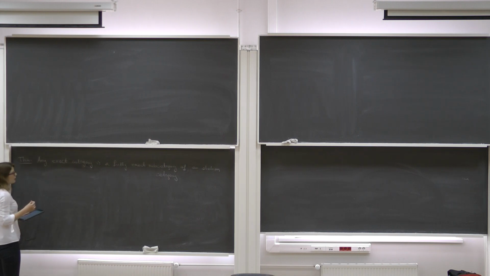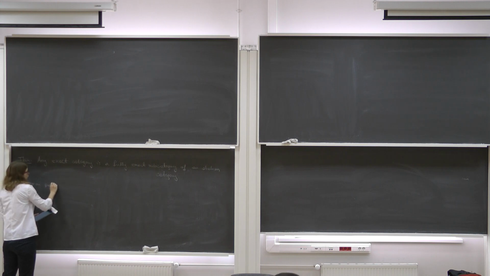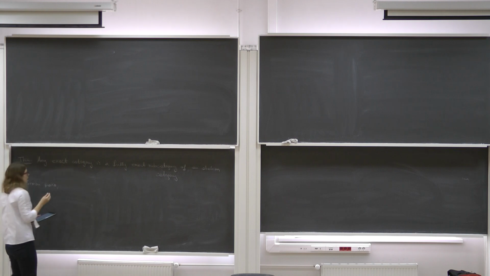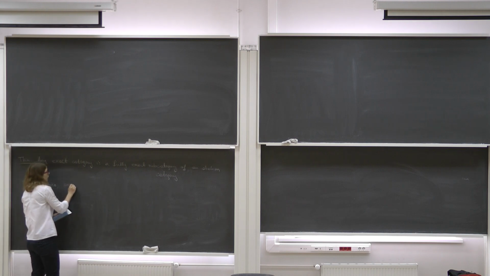So when you have an abelian category and you want to understand it, one way to do it is to think about a torsion pair. Or if you would view this exact category as a triangulated category somehow, then you can try to think about semi-orthogonal decompositions.